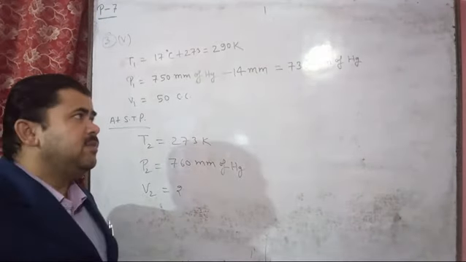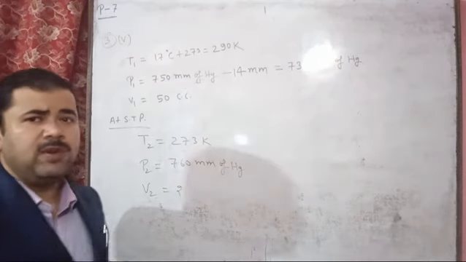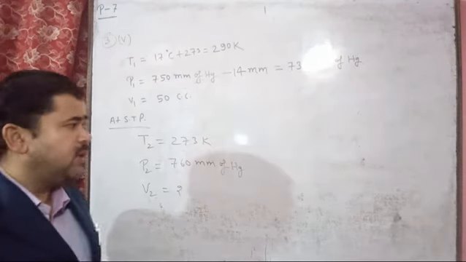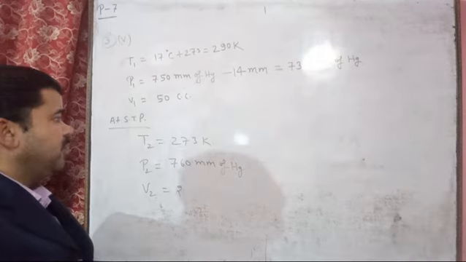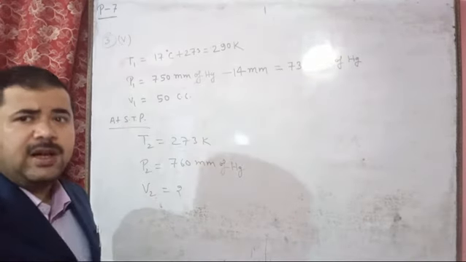Then we put the formula P1 V1 upon T1 equals P2 V2 upon T2, put in these values, and we will get the answer.